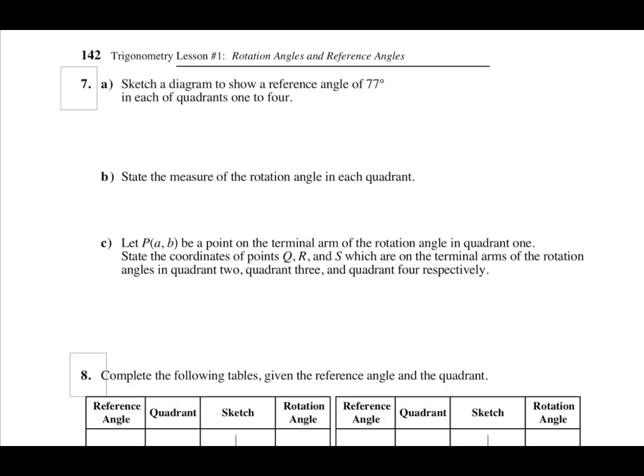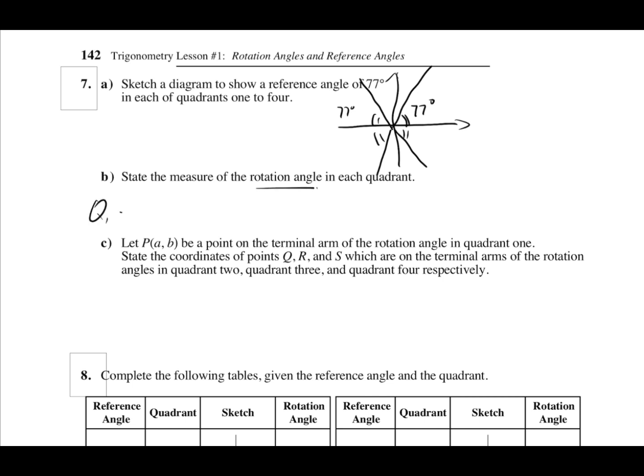Okay, number 7. Number 7 is similar to number 6, and sketch the diagram of the reference angle in each quadrant 1 to 4. Like we see here, it's 77, and then we reflect, so this is 77, and then we reflect here, and then we reflect here. And then state the measure of the rotation angle in each quadrant.